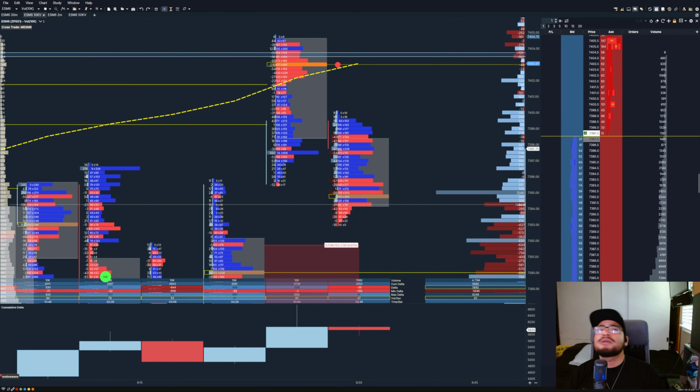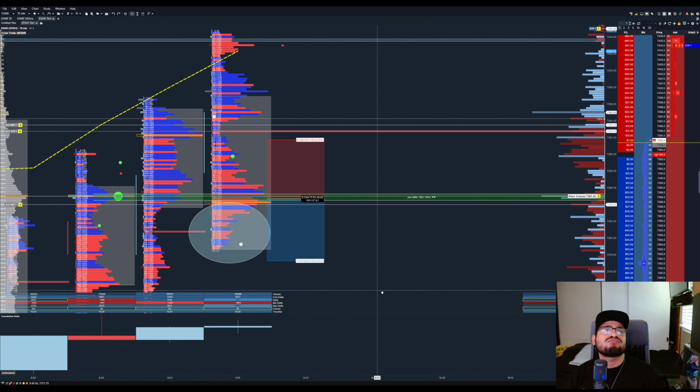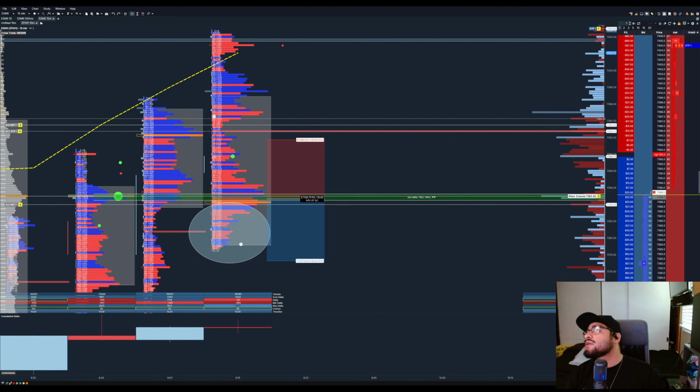We're around this node here. Can you guys see it? We're around this node here. So let's see. I'll take another, or look for another setup, I guess.